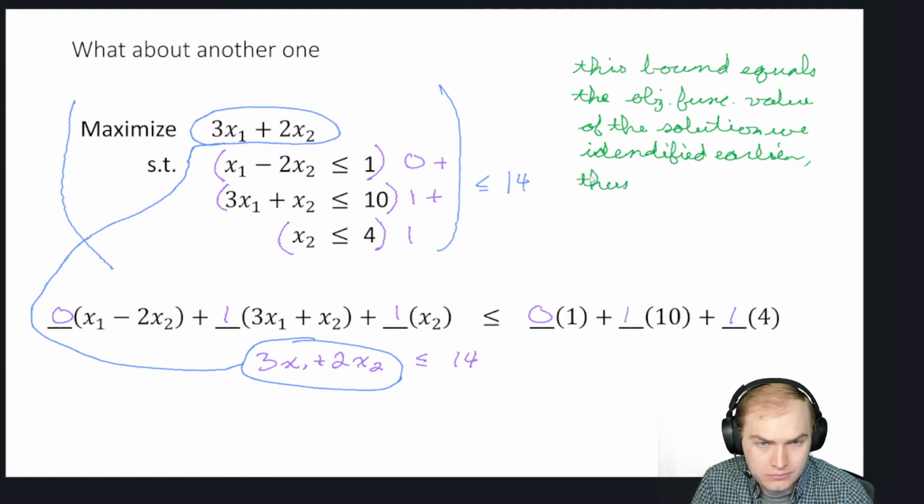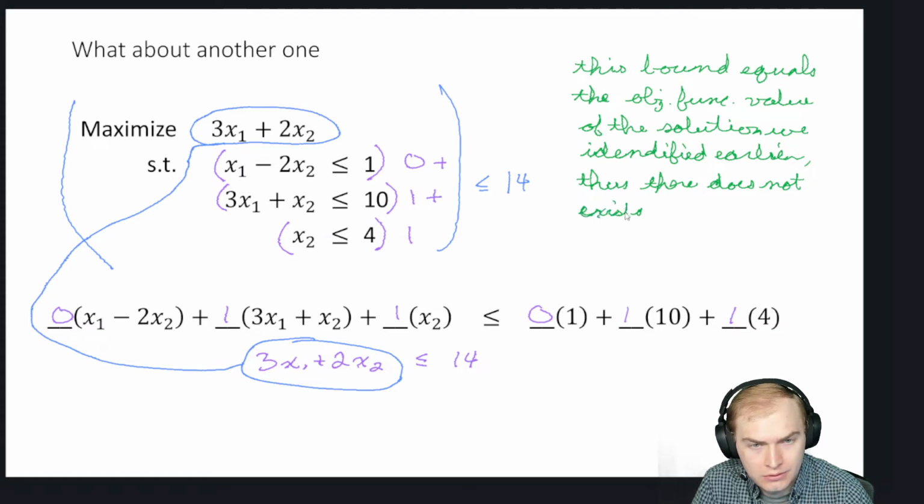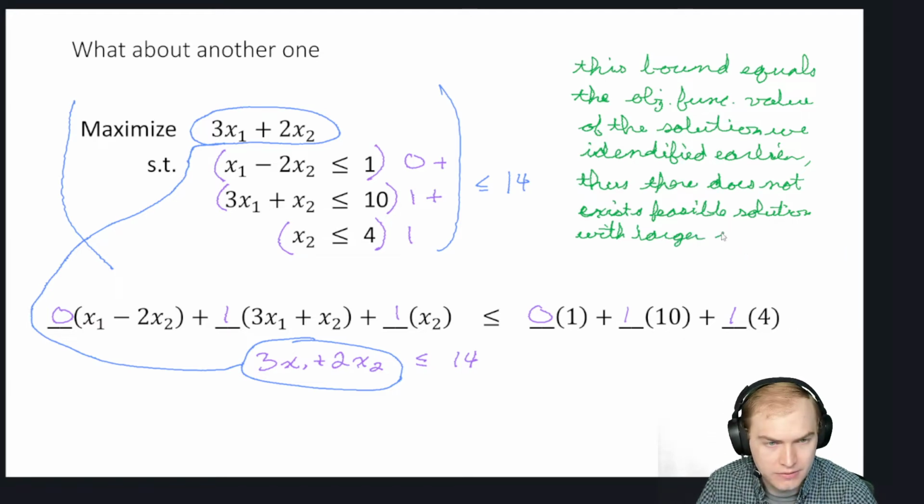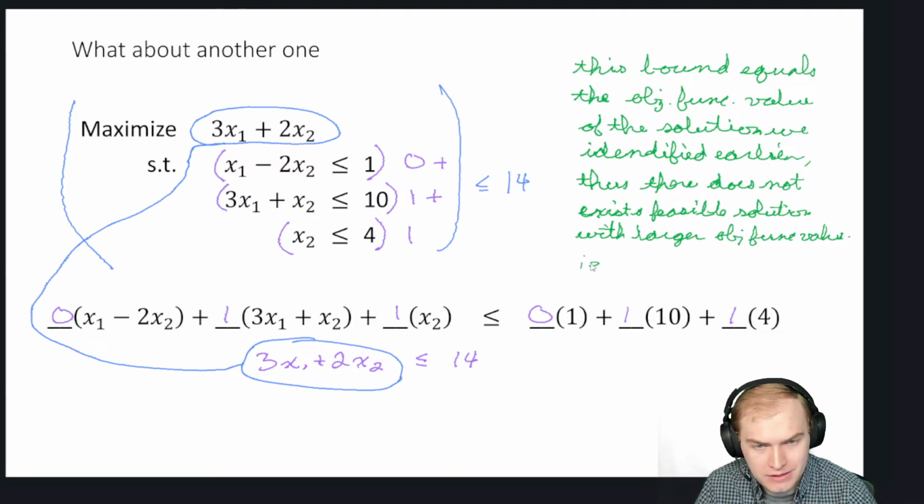Thus, there does not exist a feasible solution with larger objective function value. I.e., it is optimal.